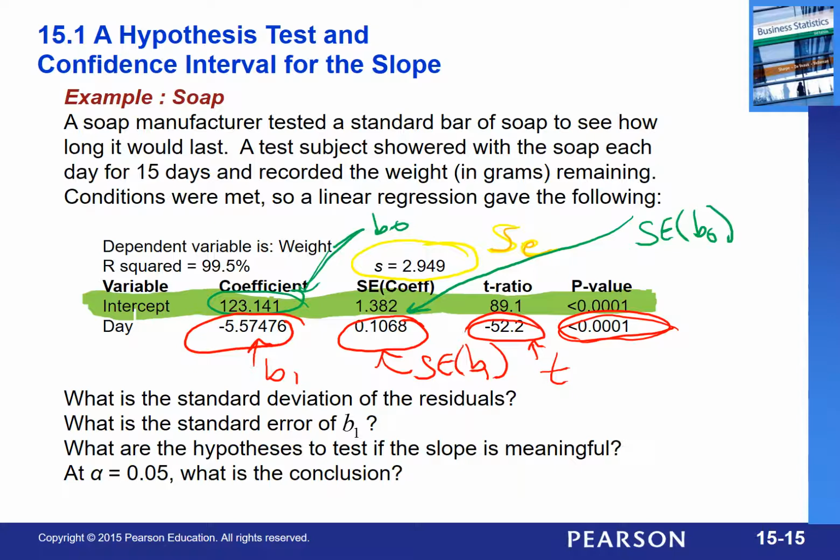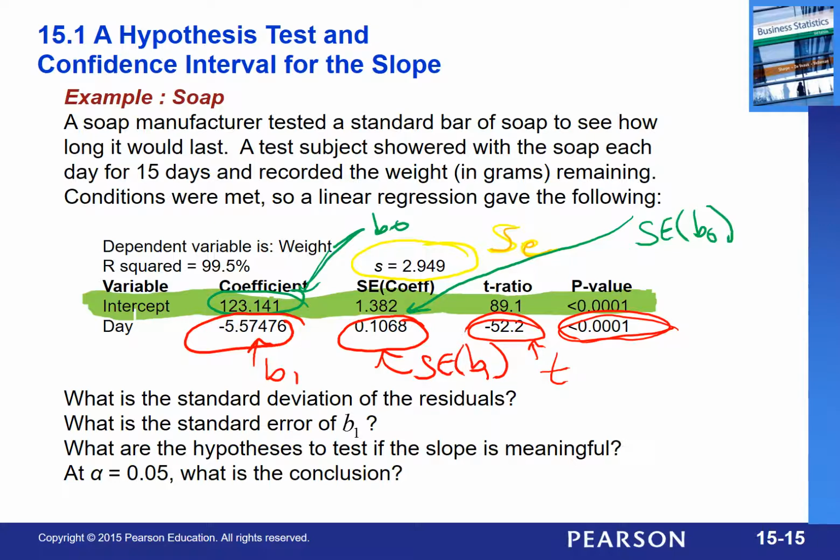This would be the coefficient for the intercept, so that's actually the value of B0. And then just below that, we have all the stuff about day, which is the variable that we're interested in. So the value right below that, the negative 5.5747, that value is actually B1.